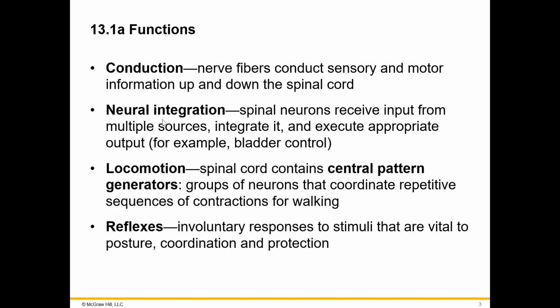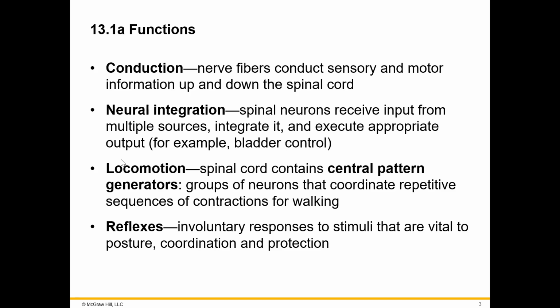There is neural integration. What is neural integration? Neural integration is when the spinal neurons receive input from multiple sources. So they integrate this input and they execute the appropriate output. For example, bladder control.